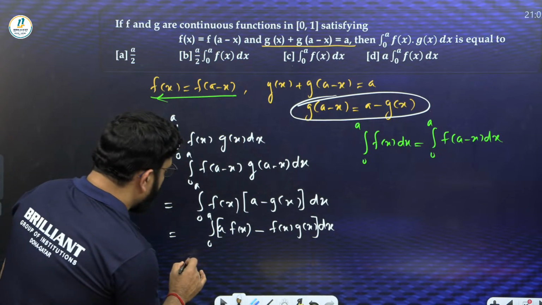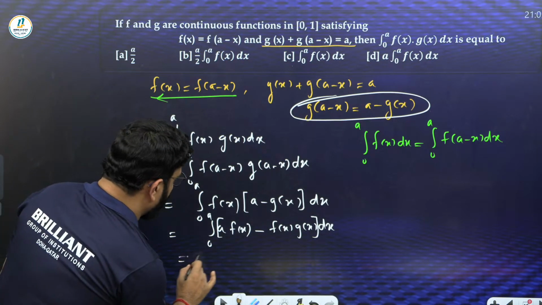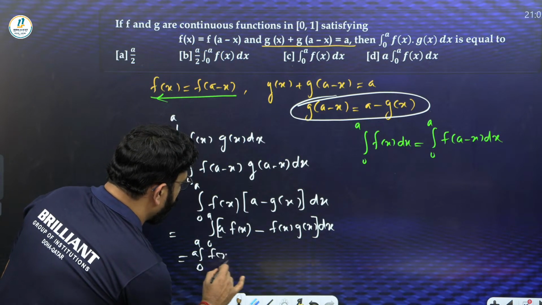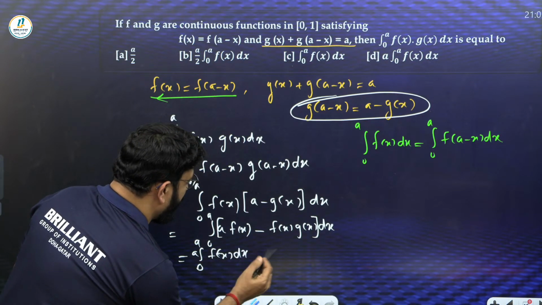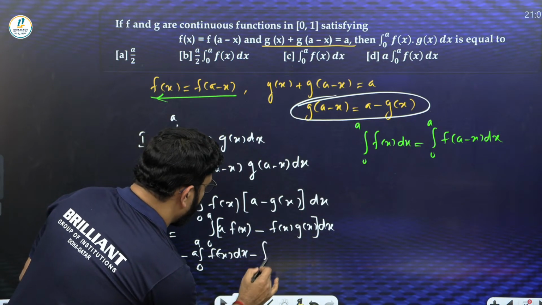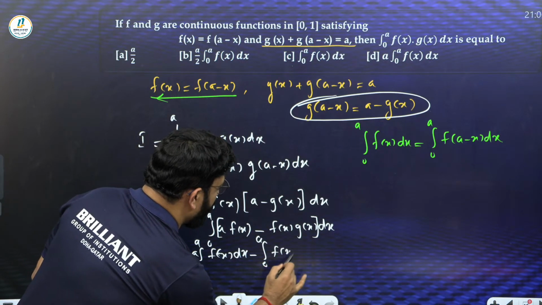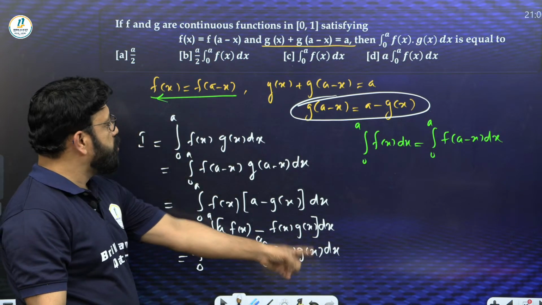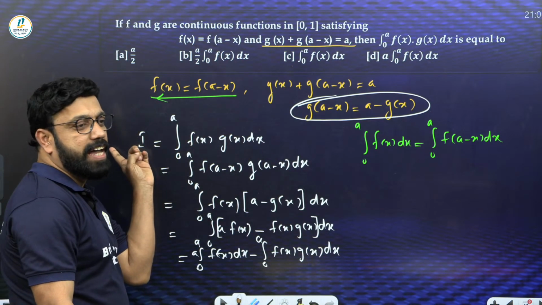Now splitting the integral, that's equal to a outside, the integral of f(x) dx, minus the integral from 0 to a of f(x) g(x) dx. Yes, f(x) g(x) dx is equal to the starting I.